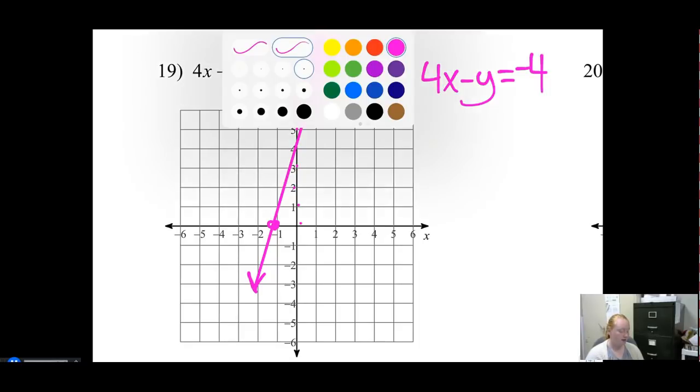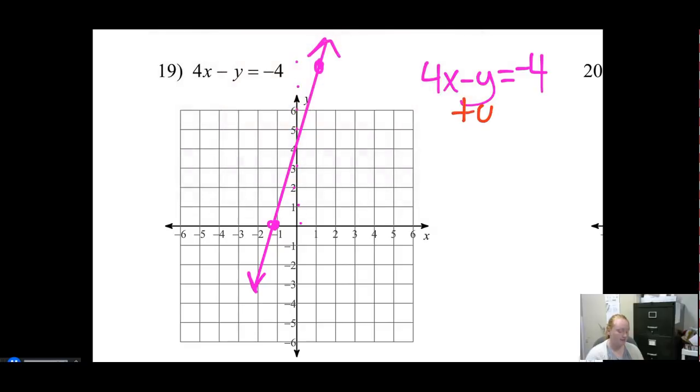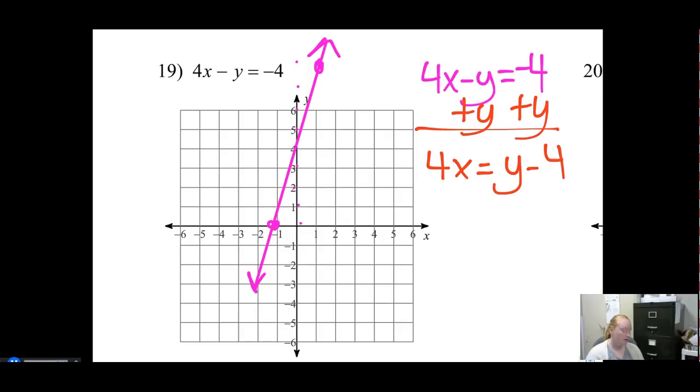It bothers them right now that the y is negative, and it's easy for them to move it over. They say 4x equals y minus 4. They know that they have to get the y by itself to put it in y equals mx plus b form.